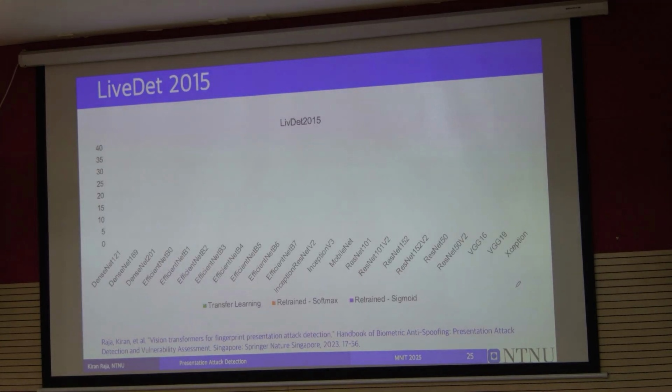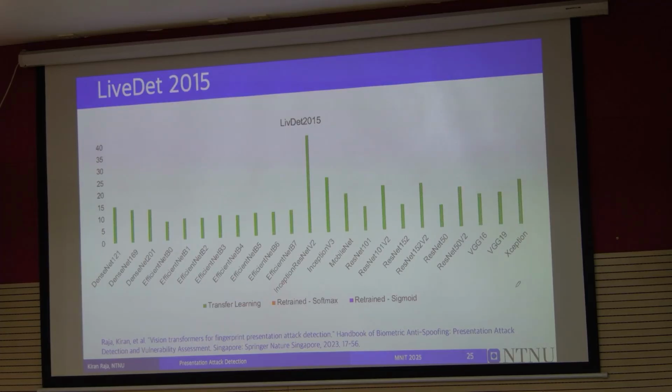All right. So what happens in LivDet 2015? Should we just ignore everything that has been done with CNN networks and just move to transformers? Instead of that, let's take a look at what is happening in all the different networks. So here, I think 21 different networks were evaluated, and we took each network as it is, trained for some other purpose, and then used it for our purpose, which is called transfer learning, right?